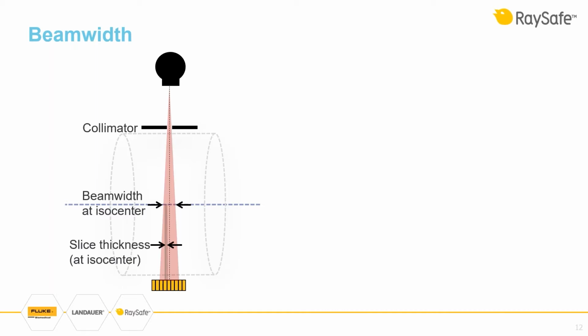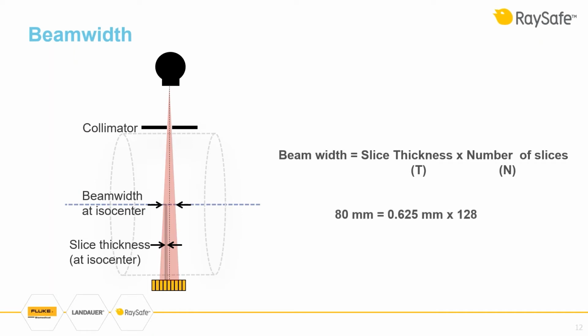And the slice thickness is also defined at the ISO center, even though the slice thickness becomes wider as we move away from the isocenter. The beam width is the slice thickness times the number of slices. And this is just an example of how it may look, the size of the numbers and so on.